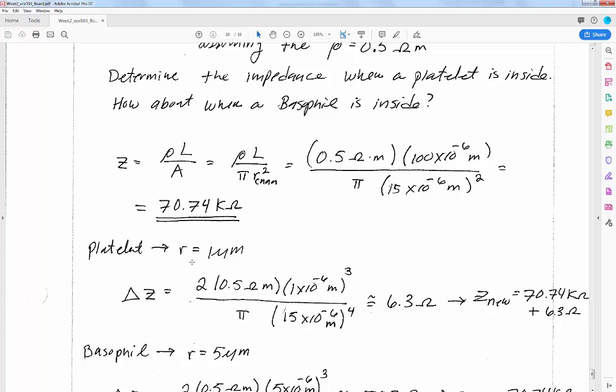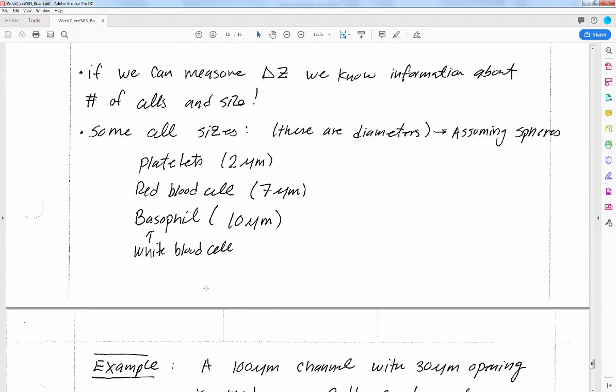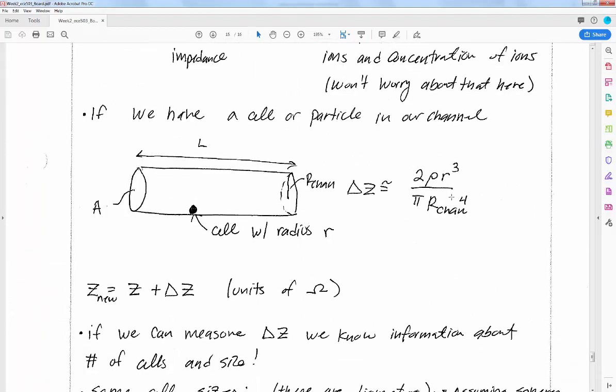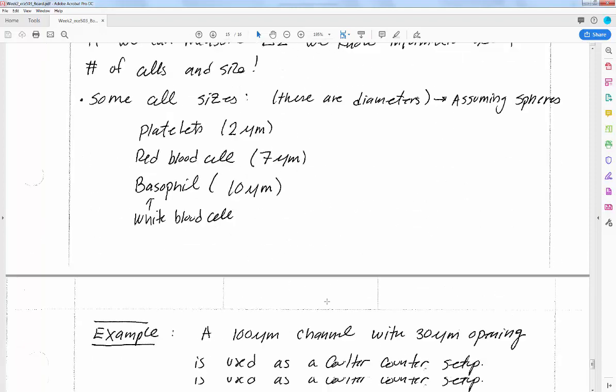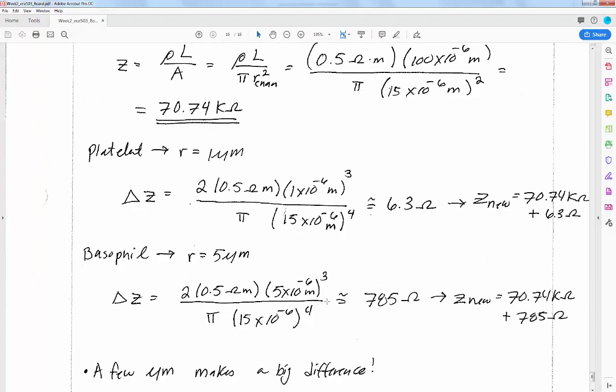The radius of the platelet is 1 micrometer. Plugging into the equation that we saw earlier, where the change in impedance is equal to 2 rho r cubed over pi r channel to the fourth, you're going to find that delta Z is going to be 6.3 ohms.